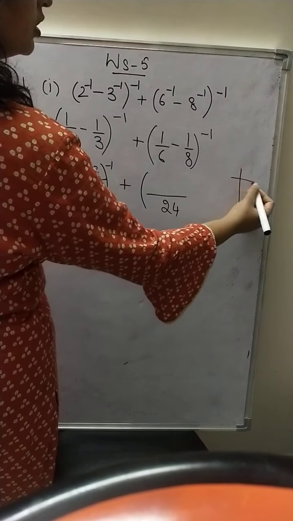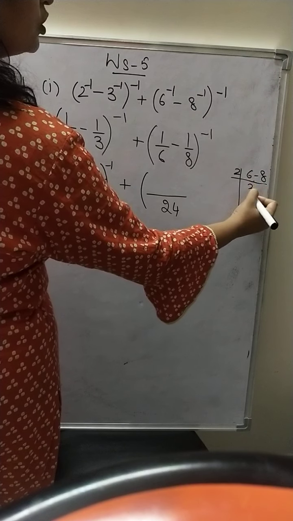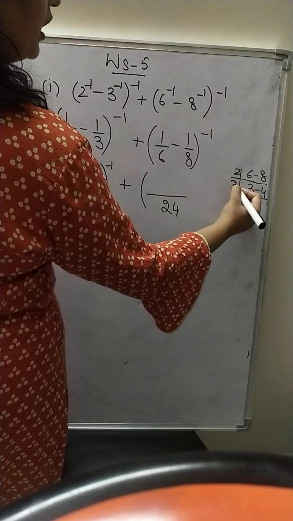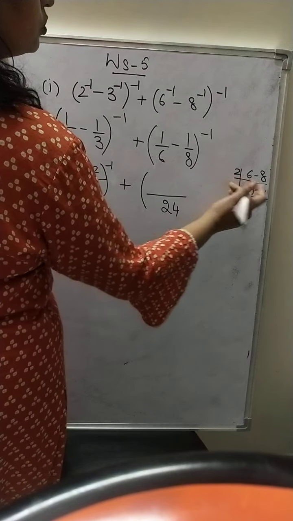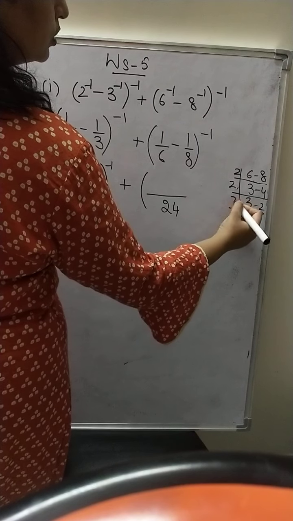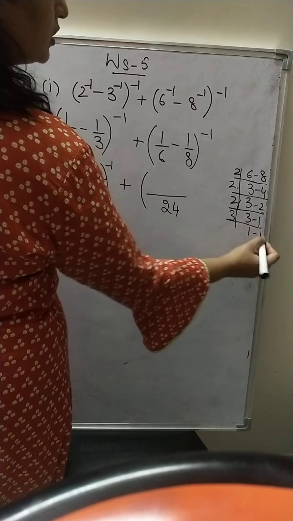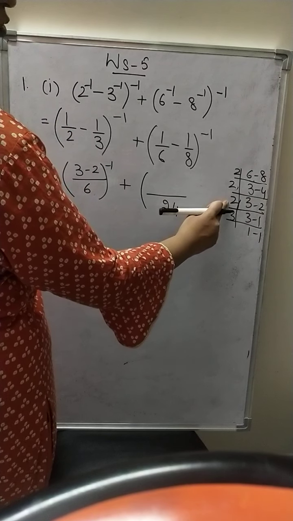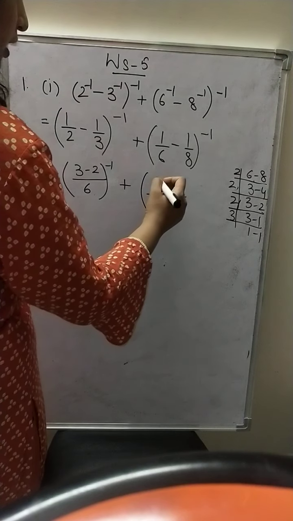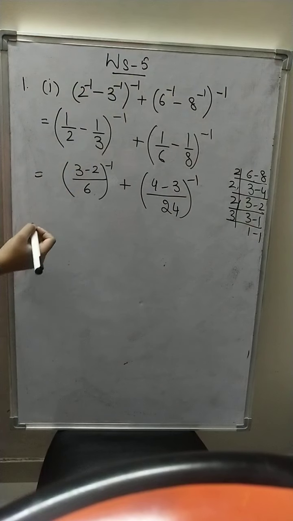If you don't know it directly, I would suggest you do it in rough and try to see it yourself, so that mistakes do not happen. Am I clear? You should avoid doing mistakes. So 2 2s are 4, 4 2s are 8, 8 3s are 24. I have taken a 24 here. And here I get 4 minus 3 raised to the power of again minus 1.